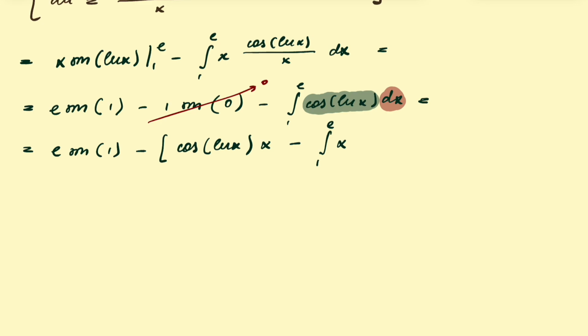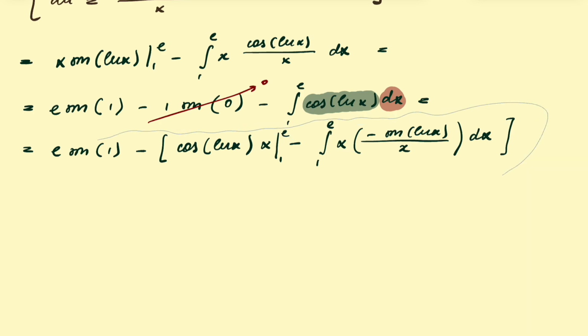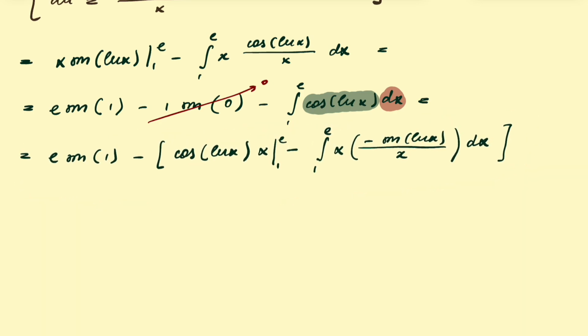It's minus sine of ln of x over x, and dx we have here. I hope everything is clear up to this point. Also, I forgot to mention boundaries here. Since we have a definite integral, in each step we need to consider our boundaries or limits.